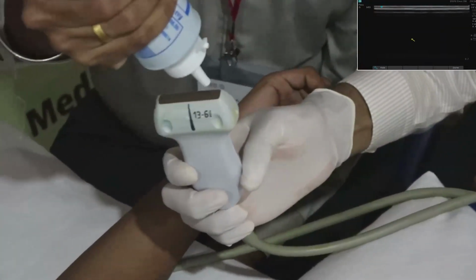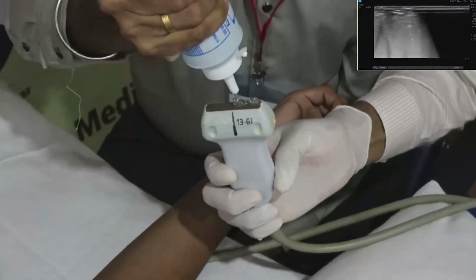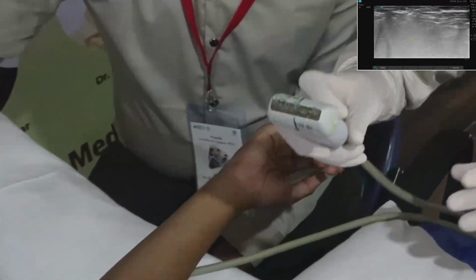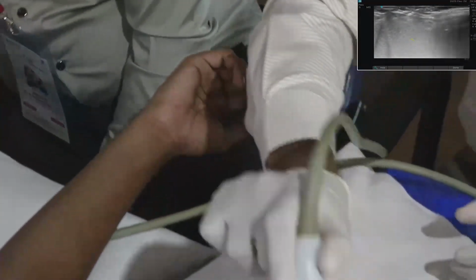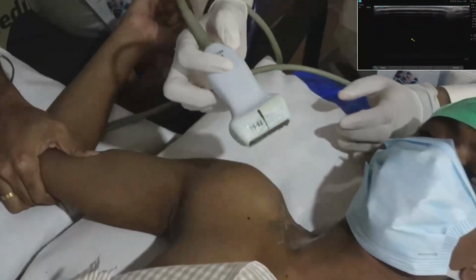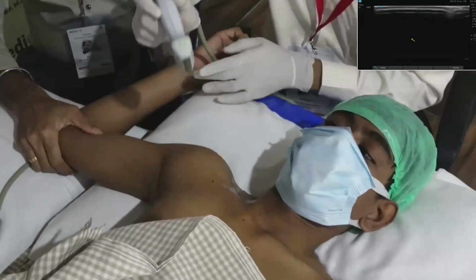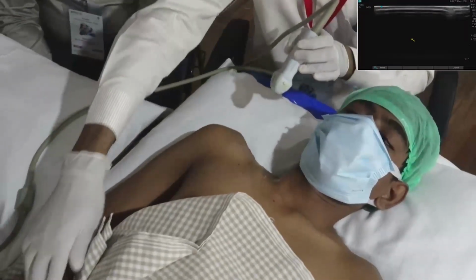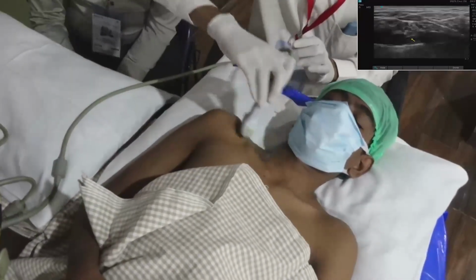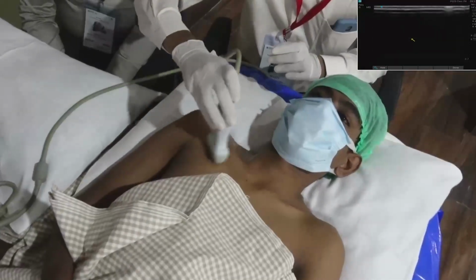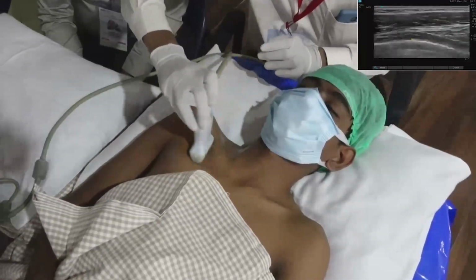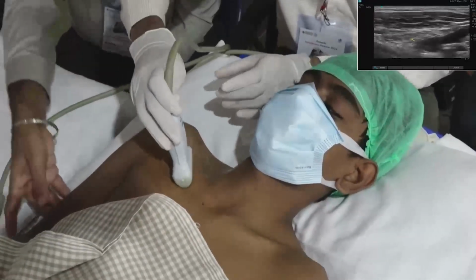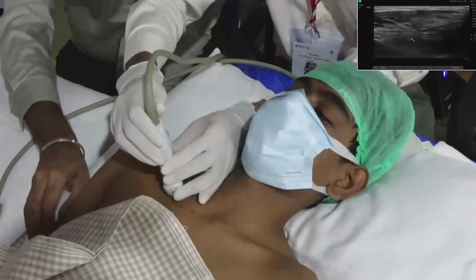Either you can give minimal analgesia like fentanyl, then you can move the arm abducted, or the other option is you can compare the scanning also. Now I will do the scanning first in the adducted position, then we will move on to the position which is favorable for us, that is the arm abducted position.